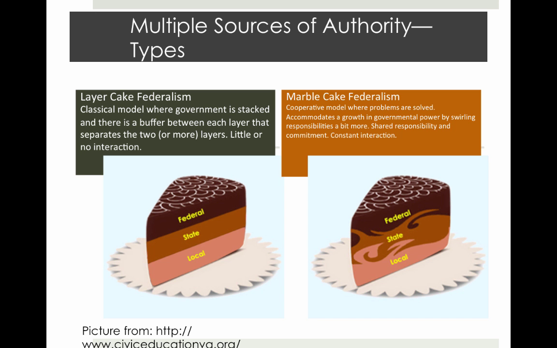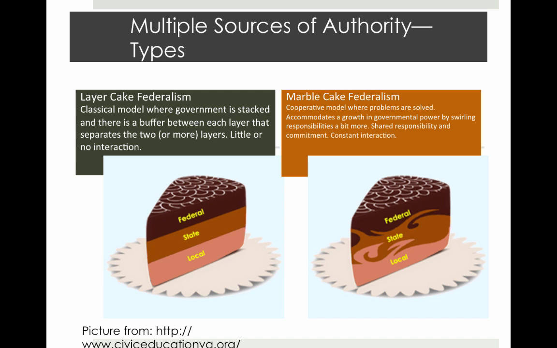So we can think of federalism in two distinct ways, and then there are variations in between. How we typically think of federalism, and probably how you were taught to think of federalism, is what you see on the left, what political scientists will sometimes call layer cake federalism. The idea is that government is stacked upon each other, and that there's a buffer in between.